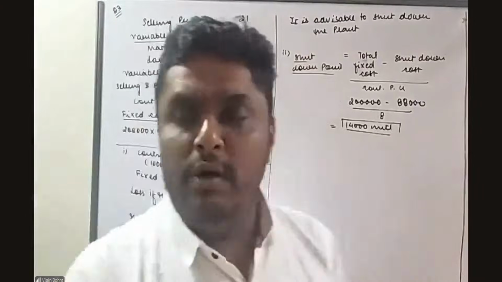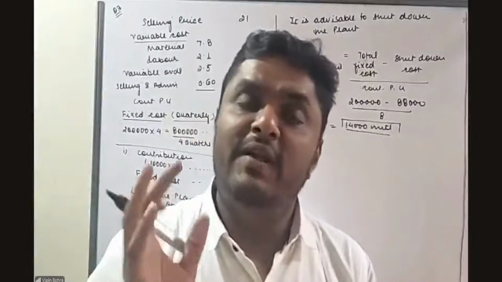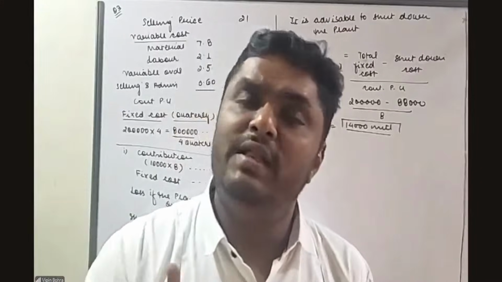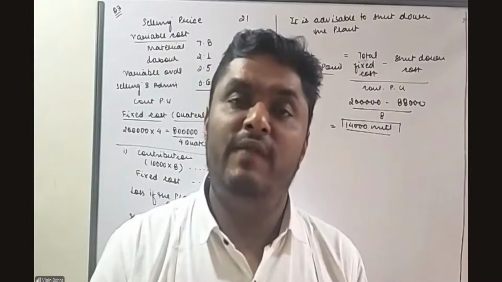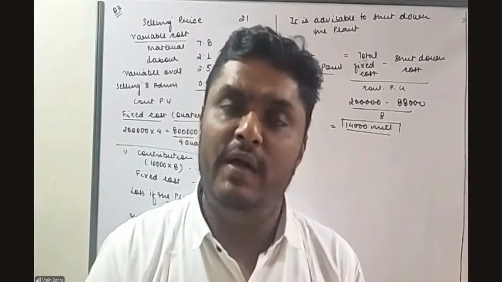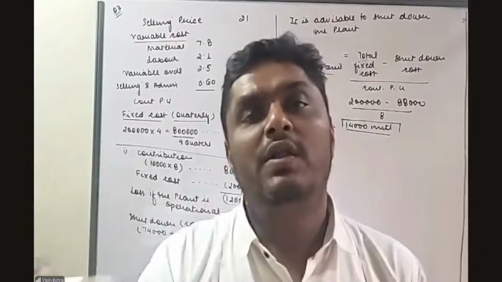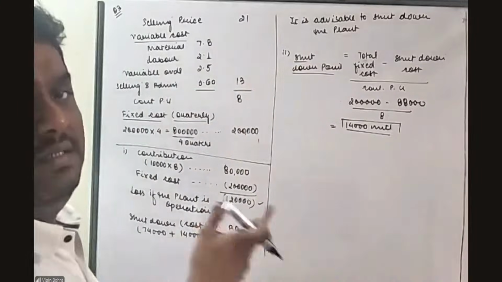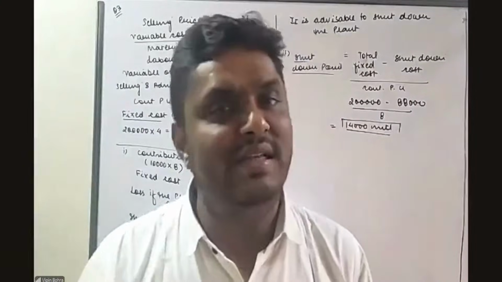Now, when talking about these 14,000 units, this is the indifferent point. If we are manufacturing and selling 14,000 units, we are indifferent. If we continue, the loss will be 88,000. And if we discontinue, that is, shut down the plant, the cost is 88,000.